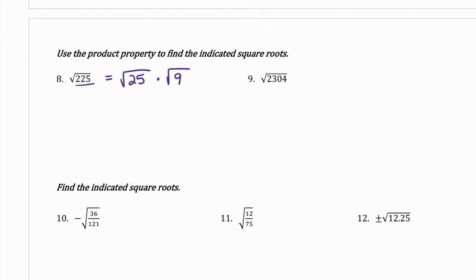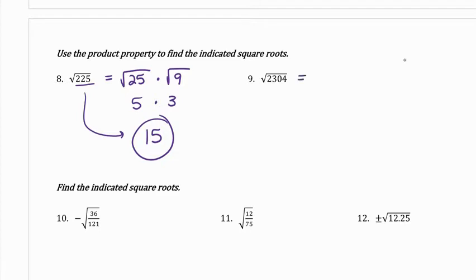And now those two square roots are ones that I know. The square root of 25 is 5. The square root of 9 is 3. And then if I do 5 times 3, I get 15, which means the square root of 225 is 15. Ta-da!